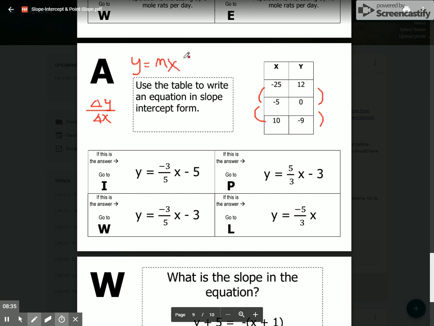Then the slope is times x plus the y-intercept. Remember that your y-intercept is what's happening with y when x is 0. They don't tell you what y is when x is 0, but you can figure that out using this table here.